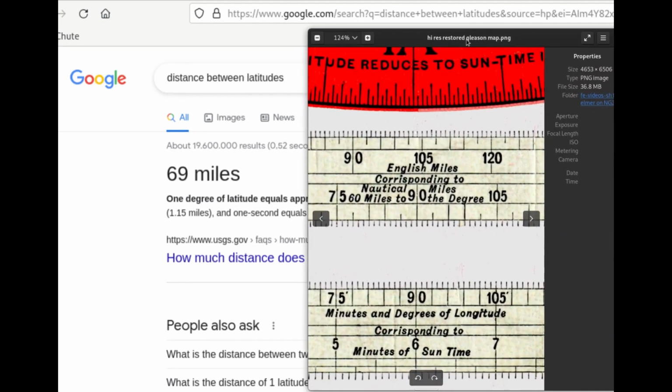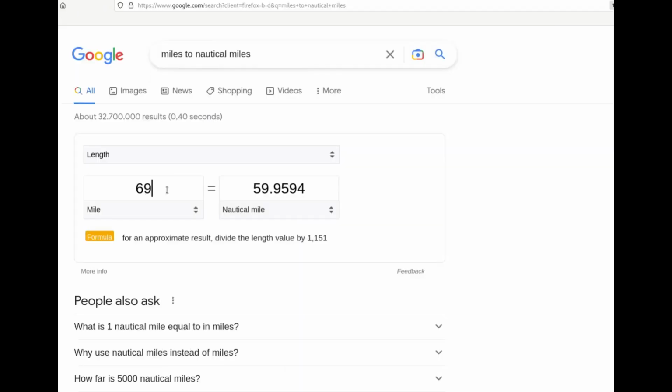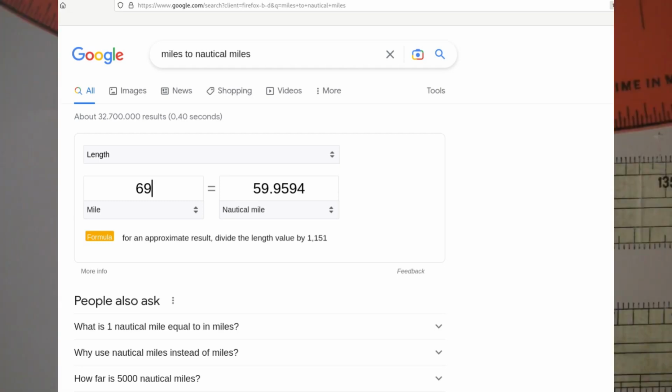On the Gleason's map, it's 60 miles to the degree. So we're going to convert the 69 miles to nautical miles and see the difference. 69 miles is approximately 60 nautical miles.